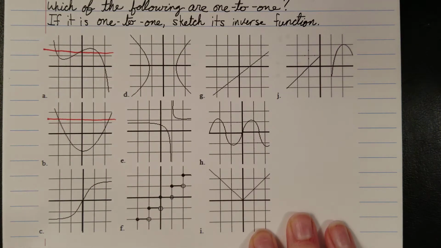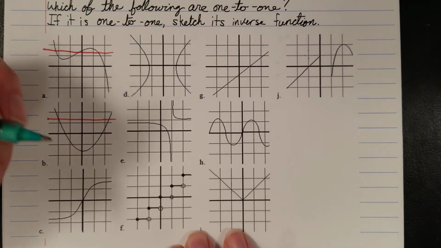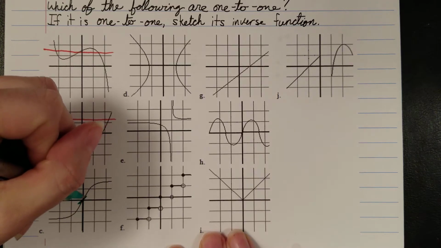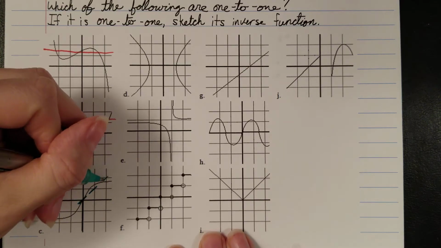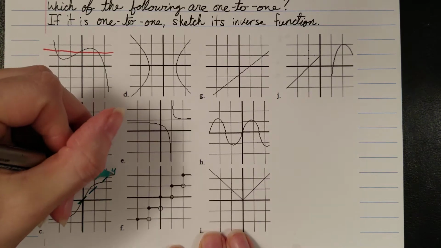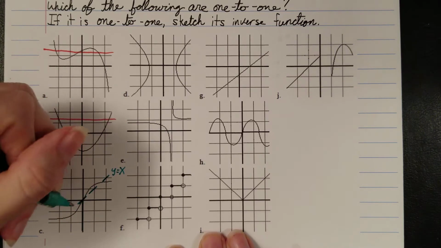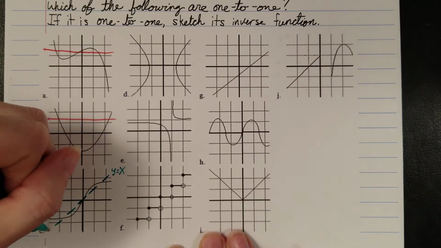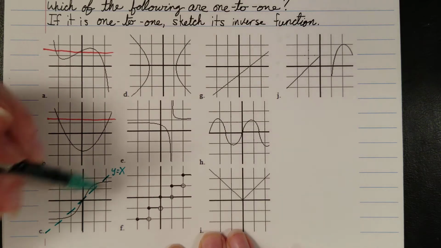Graph C is one-to-one. When you have a graph and you want to sketch the graph of the inverse, I'm first going to sketch the line y equals x, as a dashed line right here. That's the line y equals x.